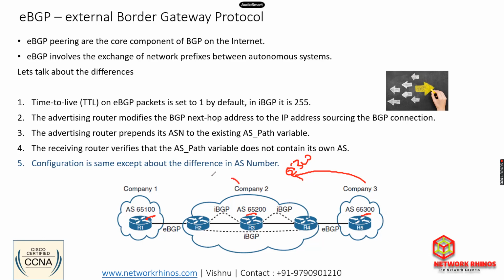When it is going from company 2 to company 1, the AS number 65200 will be added to the path. So I will keep on adding my own AS numbers in the AS path variable. And the receiving router verifies that the AS path variable does not contain its own AS to avoid loops. And eBGP configuration is the same, except for the difference in the AS number.